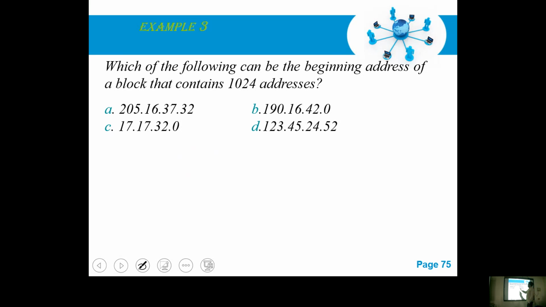It's simple. 1024 means 2 power how much? 10. 1 I will have, after that 9 zeros. 2 power 10 means 1, 2, 3, 4, 5, 6, 7, 8, 9, 10. This is 0, 1, 2, 3, 4, 5, 6, 7, 8, 9, and this is the 2 power 10 position. Okay? 1 and total 10 zeros, not 9 zeros, because we have 2 power 0 also.